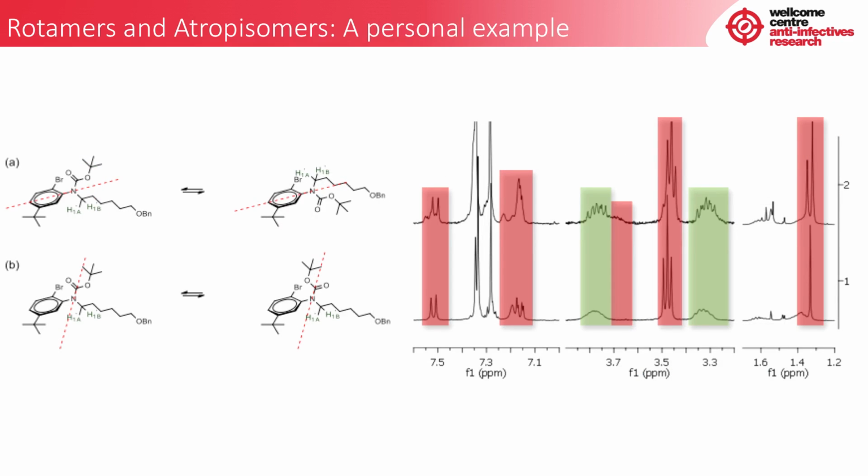I just want to finish off with a personal example. Here there are two sets of geometric isomers on the NMR timescale. There are those generated by the through ring plane of rotation, so that is along here, along this carbon-nitrogen bond. And the readout for that is these diastereotopic protons here.